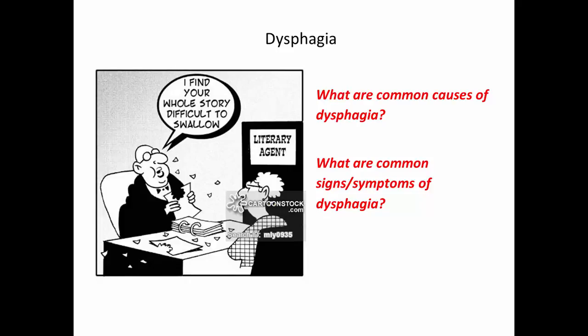It could be a structural problem, such as the cleft palate or lip, or even things like poorly fitting dentures could cause problems swallowing. It could be some sort of damage or disease to the esophagus, so GERD or acid reflux, or a narrowing of the esophagus or tumor.